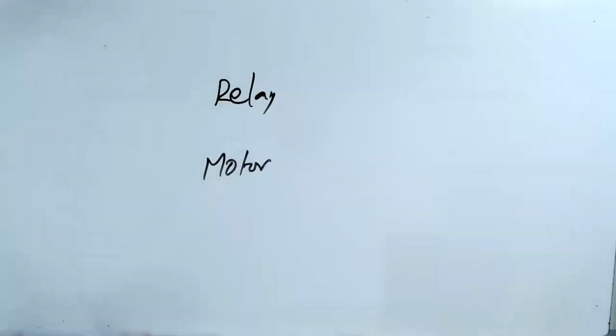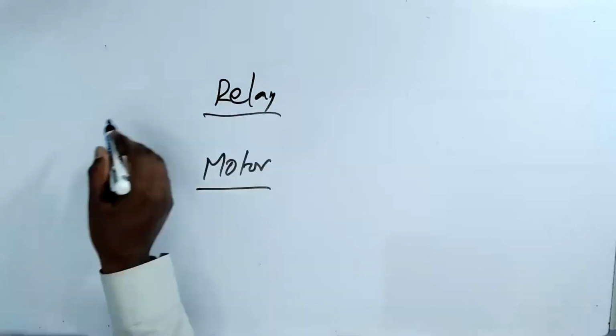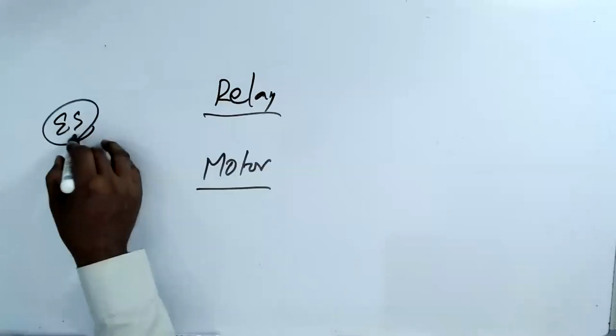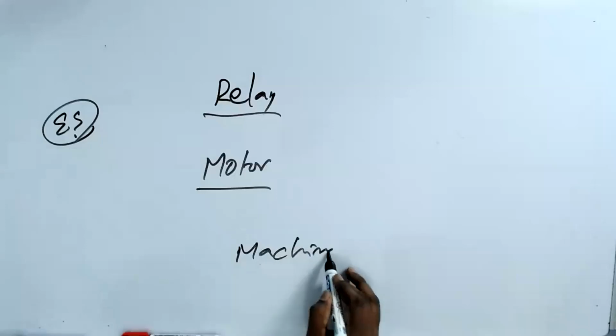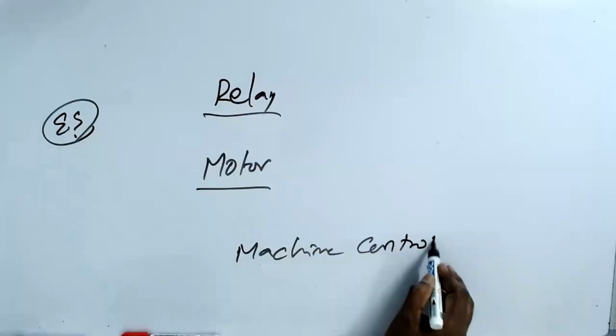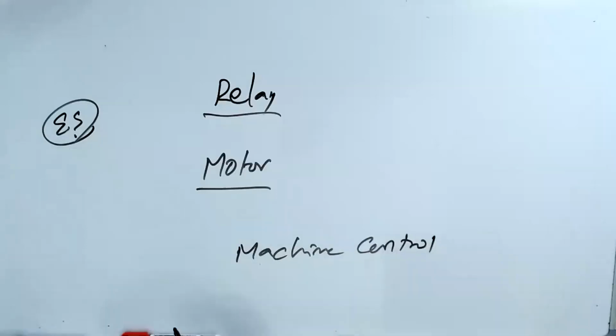This is the application of your embedded system: all the machine control and all the robotics. All of this. Sorry, I'm too tired. So please watch the video. Try to understand thoroughly. Okay.